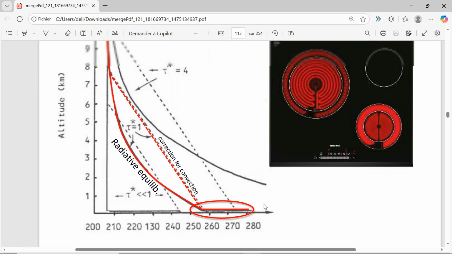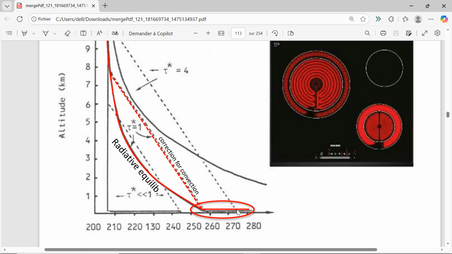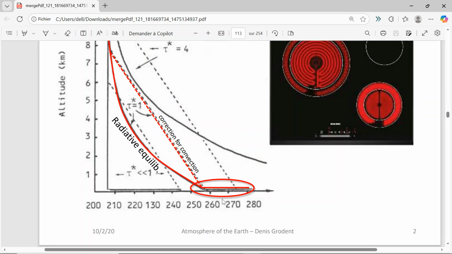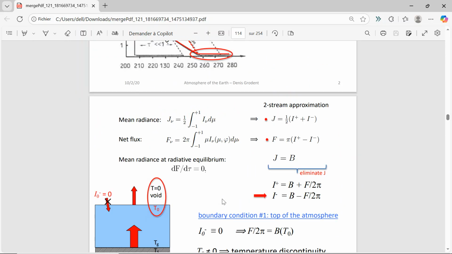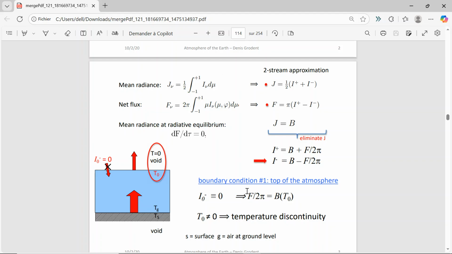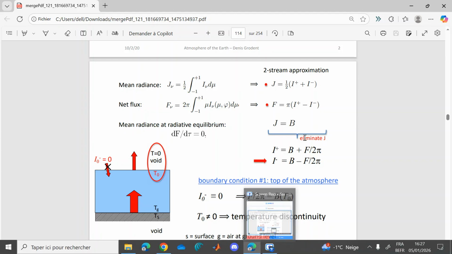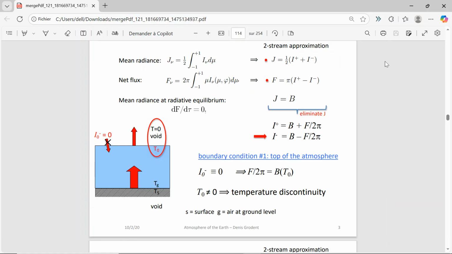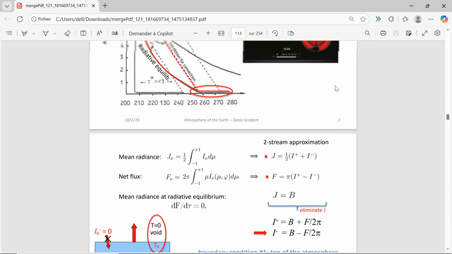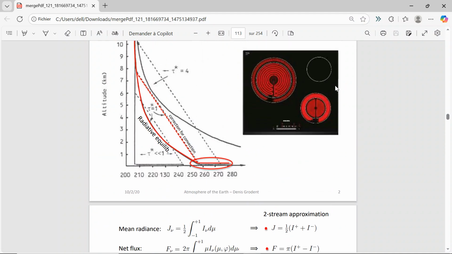However, in our case, this infinite gradient of temperature is due to the fact that we did not include the convection in our explanation, and it can be explained by the following slide. So it just shows that there was a temperature discontinuity due to only assuming a radiation exchange of heat.